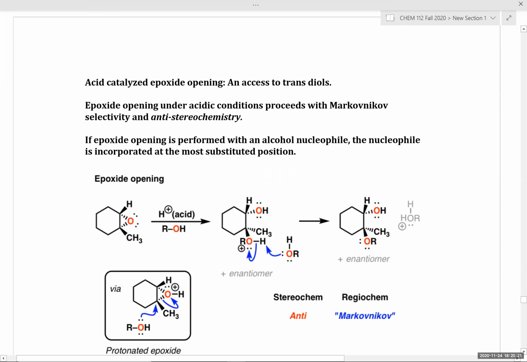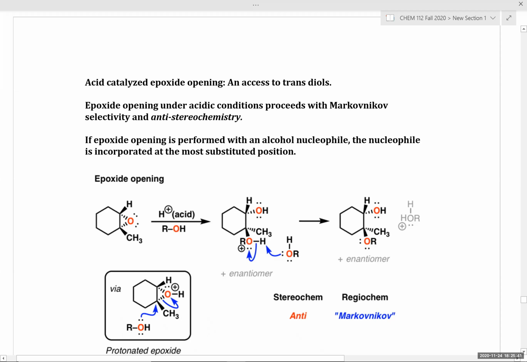Okay, so we've seen epoxidation. Now let's talk about why epoxidation is quite useful. From this epoxide intermediate, we can derivatize and modify it to yield a range of products.